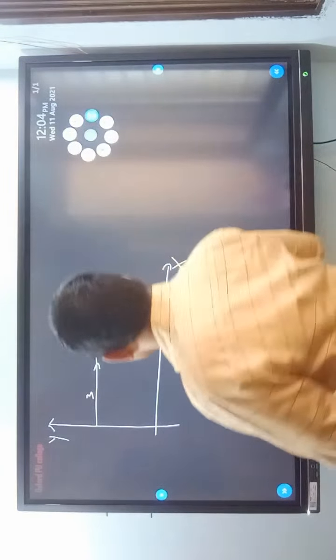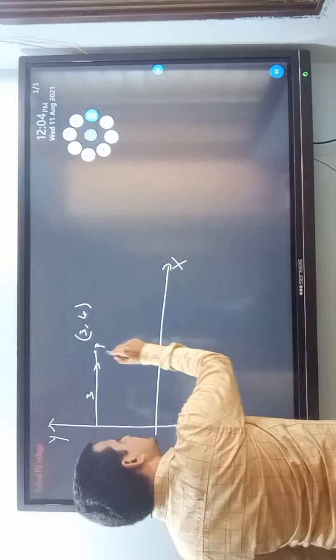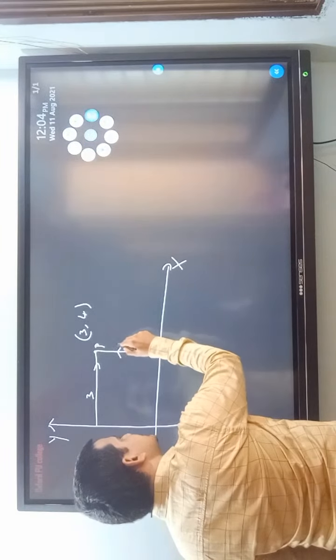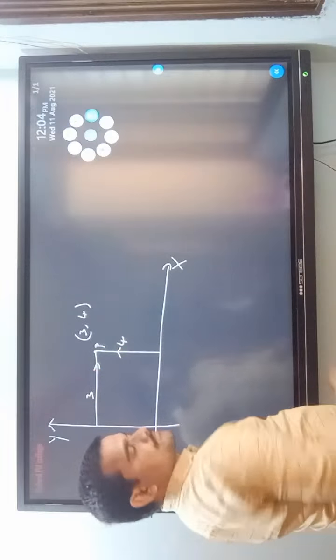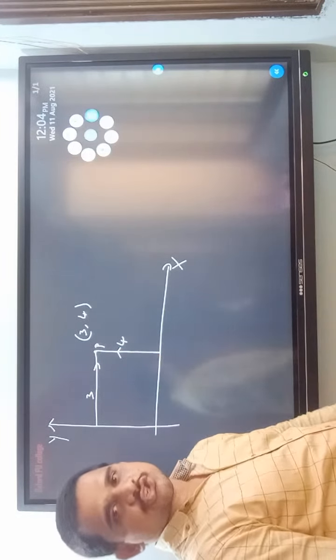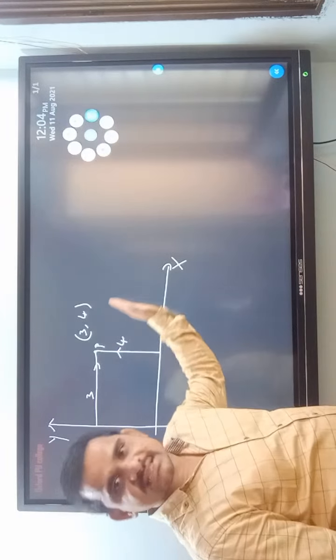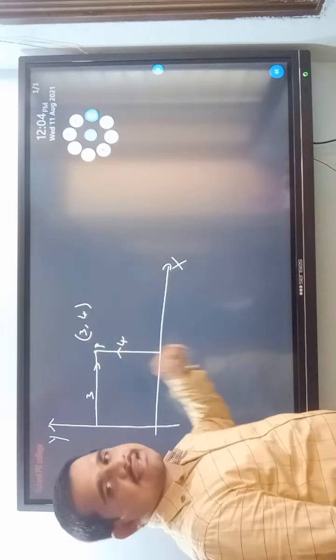Now if you observe here, I can say one more thing. At the same time, this point is 4 meters in the y-axis direction. What is the meaning of 3 and 4? 3 meters in the x-axis direction and 4 meters in the y-axis direction.